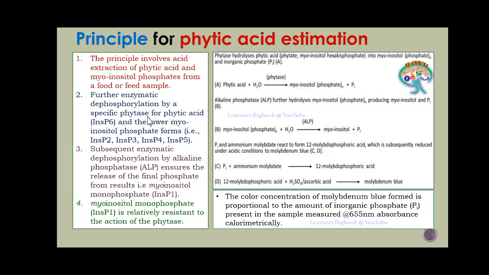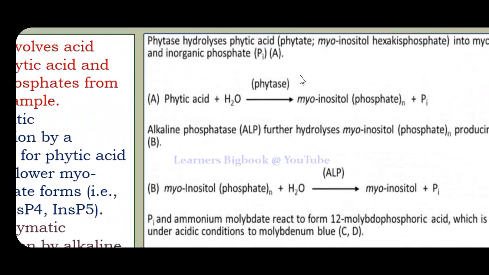As we discussed during the preparation slides, the phytase enzyme suspension and the alkaline phosphatase suspension are part of the principle. These two suspensions are very important to bring about the effective change within the experiment.